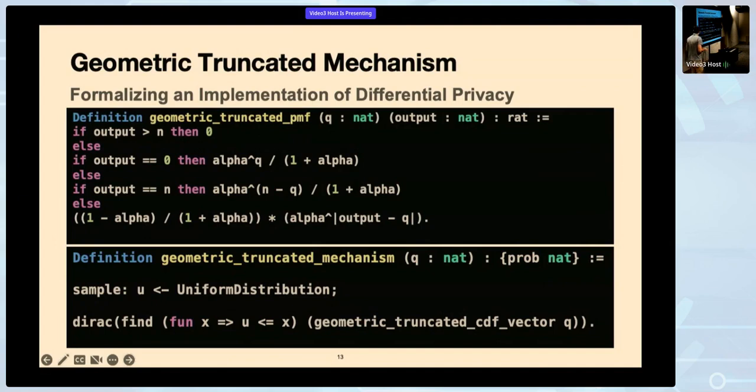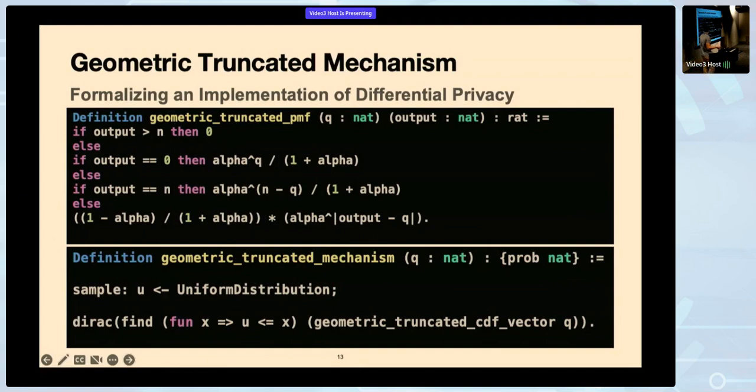Now, I omitted a lot of the code that we wrote because really the sampling routine is all happening in one place here. If you take a look at this function geometric truncated mechanism, it has type nat to prob nat. Here prob nat is the type of finite probability distributions. Mainly to implement this, we use a primitive from the FinProb library called sample. Conceptually, what this is doing is sampling from one distribution and outputting another.